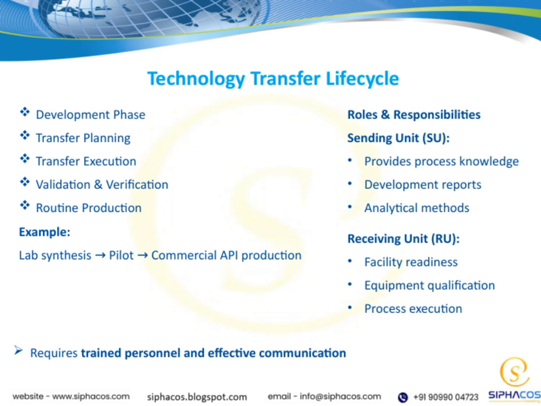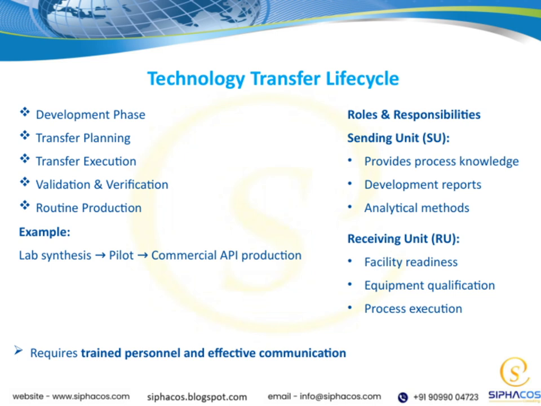This ensures the receiving team has a clear understanding of the process. On the receiving side, or the receiving unit, their responsibilities include assessing facility readiness, qualifying the equipment, and executing the process itself. These steps are crucial to ensure that the technology is transferred smoothly and that the process performs as intended in the new environment.